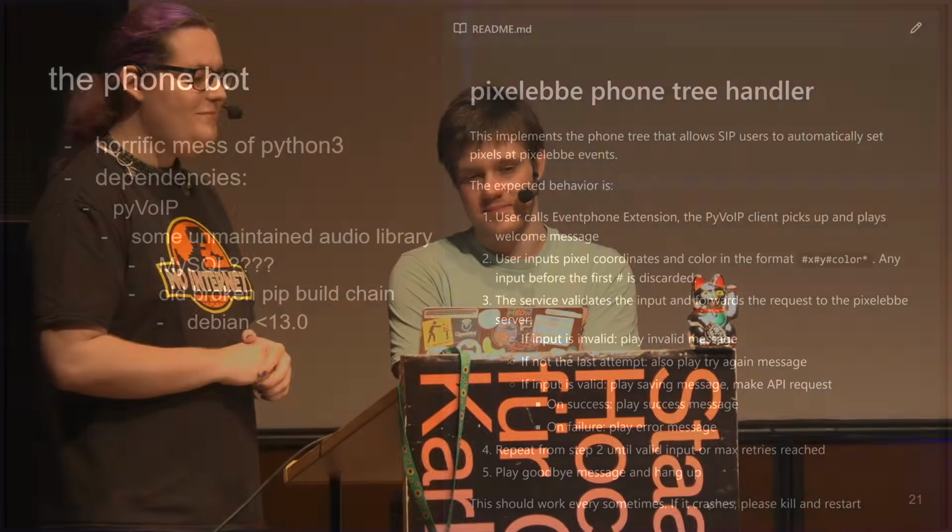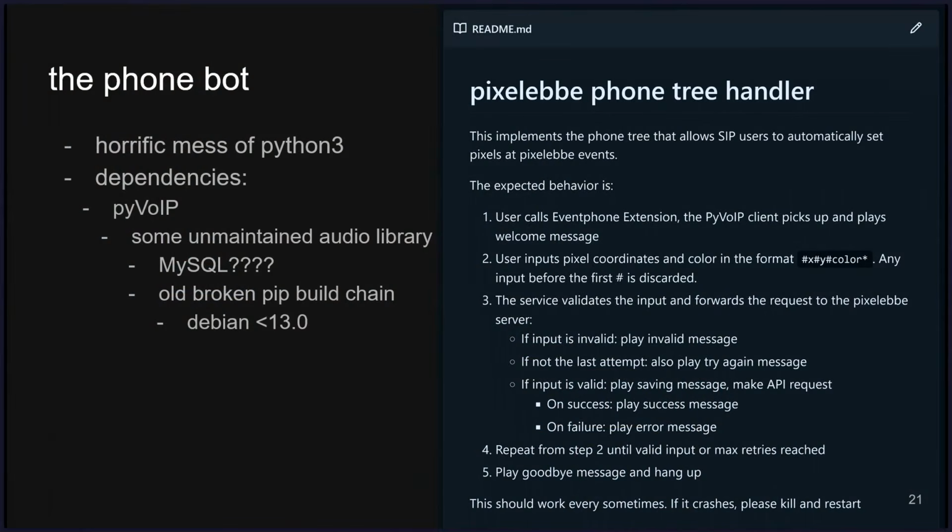Yeah, so we also talked about our phone bot. We have a phone bot, which you can currently still call, which is a horrific mess of Python 3 code as well.